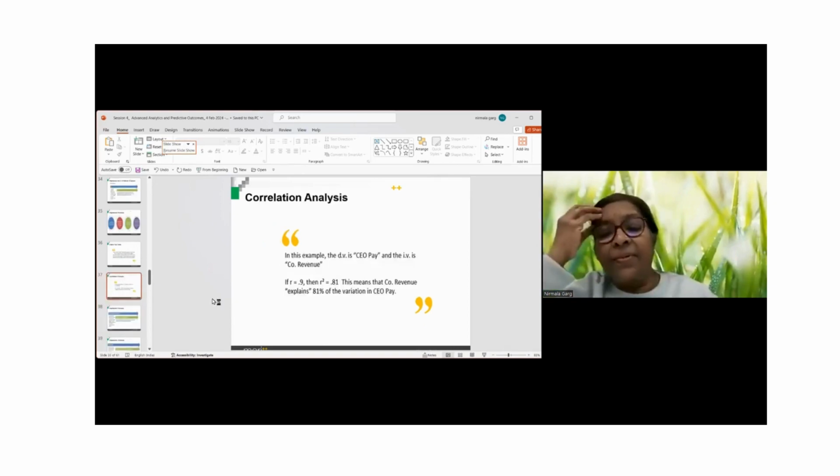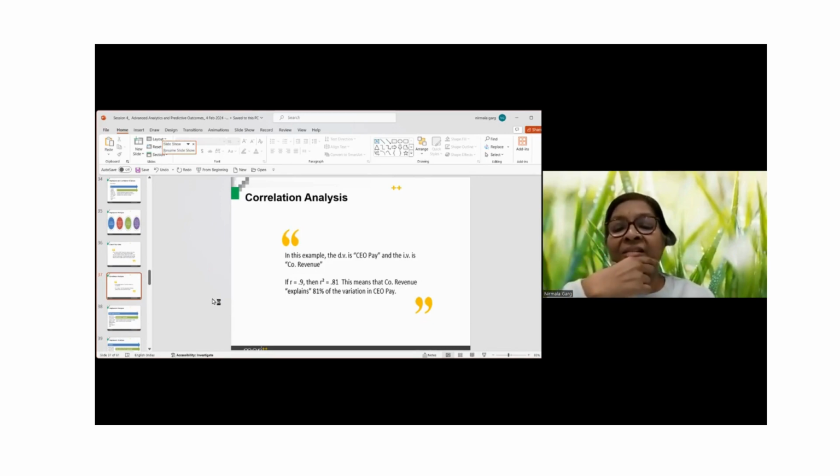Say, for example, there is CEO pay and there is revenue. Can I take the CEO pay as an independent variable or dependent variable?